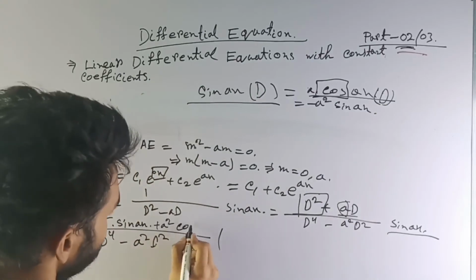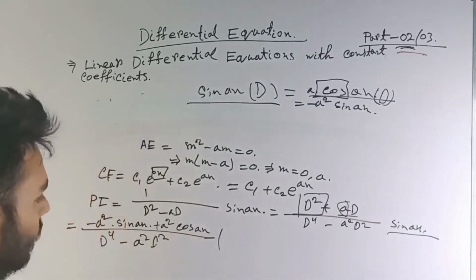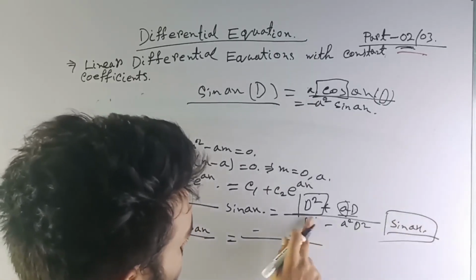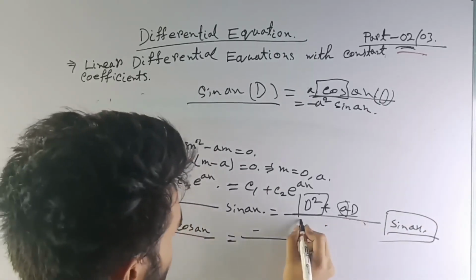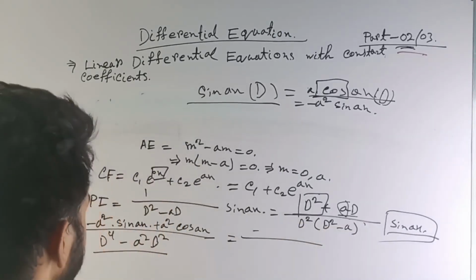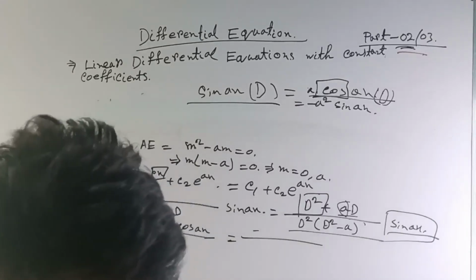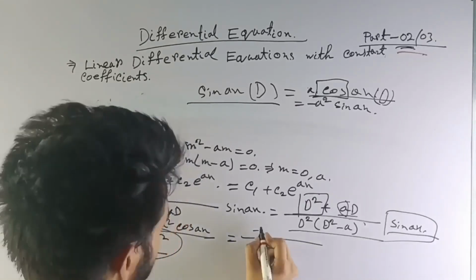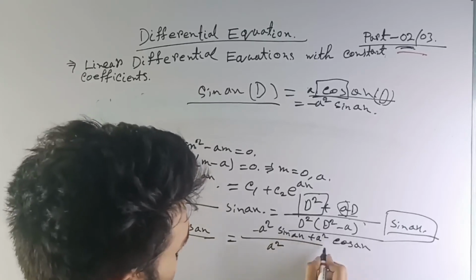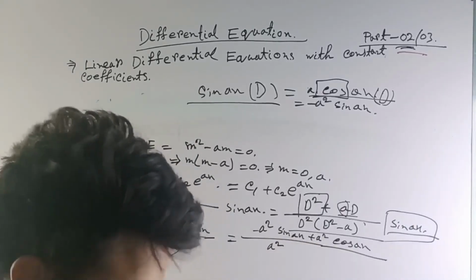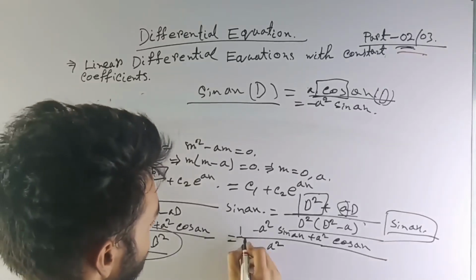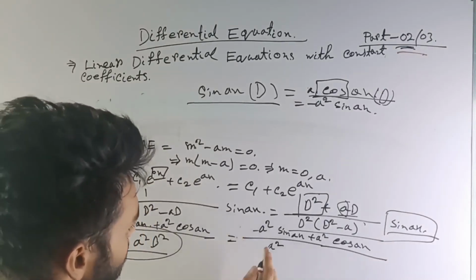So we get a² cos ax times 1, and the denominator is D² times (D² − 1), that is a⁴ also coming here. Sorry, that's not a², it was a mistake. So the result is minus sin ax plus cos ax, with denominator a² times 1 by 2.